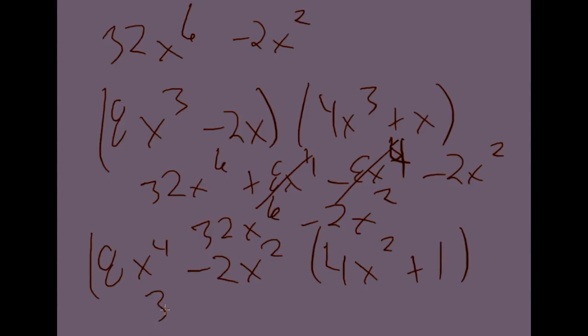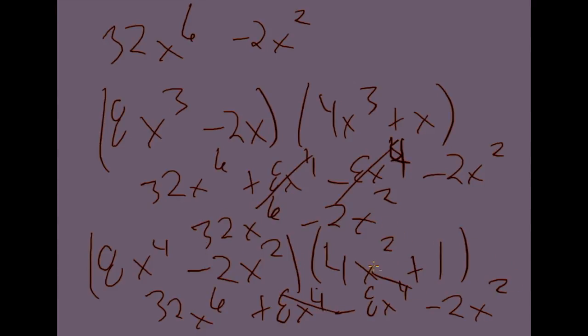So that would be your 32x to the 6th plus 8x to the 4th minus 8x to the 4th minus 2x squared. As you can see, these cancel out, and that's going to also give you that, right? And really, this one works, and these both work.